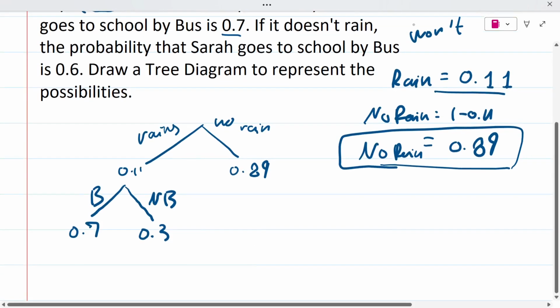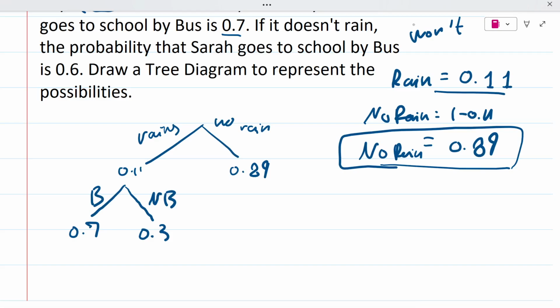Now, let's do it here. What if it doesn't rain? If it doesn't rain, the probability that Sarah goes to school by bus is 0.6. So that would be 0.6, right?